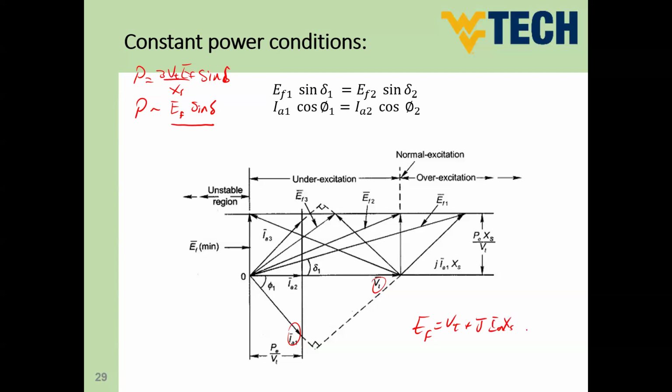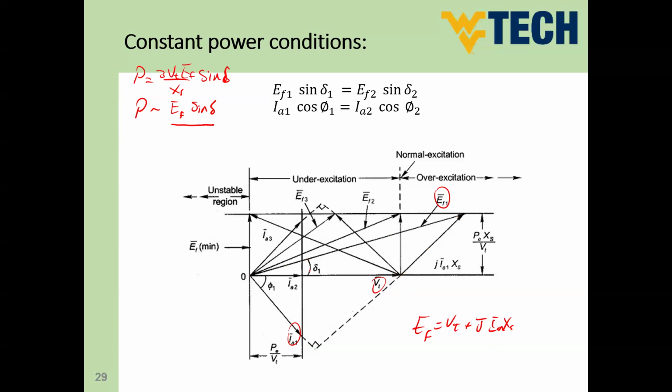So this is in case of neglecting RA, and we said that this is most probably the case in large synchronous machines. So this is V terminal, and this is going to be jIA XS. So this EF1 is the lagging power factor excitation vector. For this vector, for the time being, EF1 is at angle delta 1.